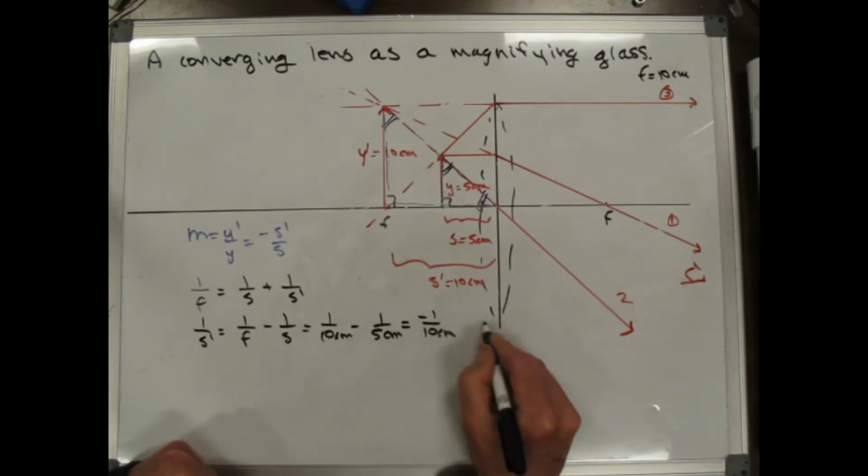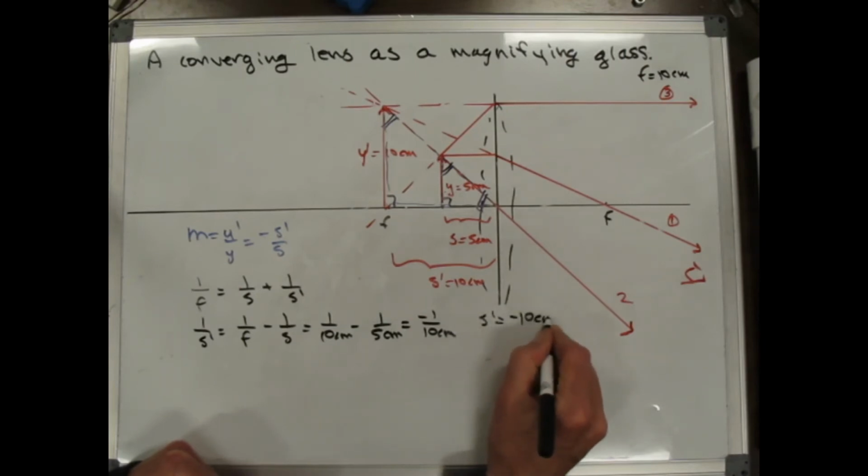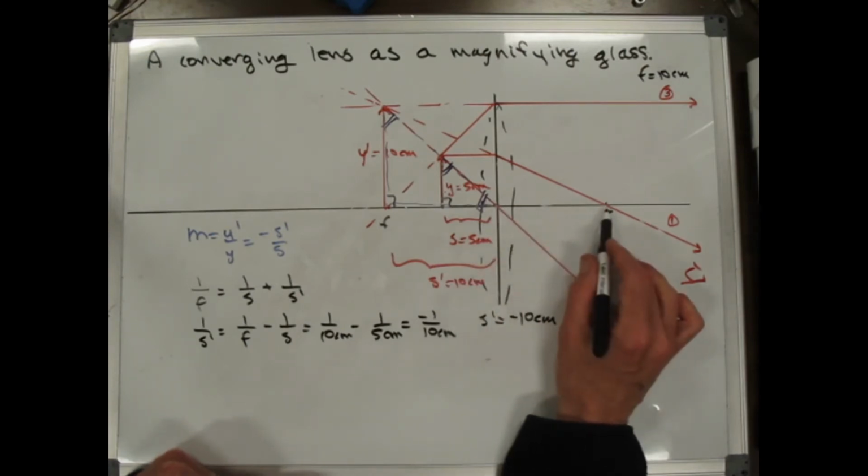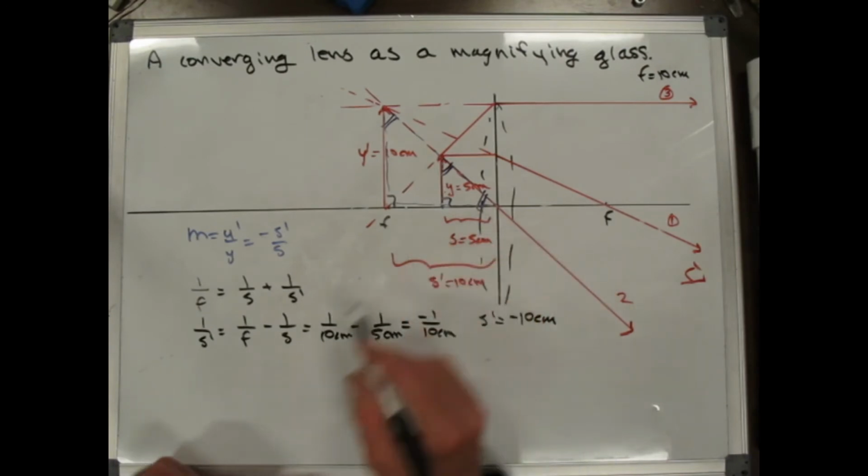And so this gives us s prime is minus 10 centimeters. And so the image distance, instead of being on this side of the glass where it would be positive, it's on this side.